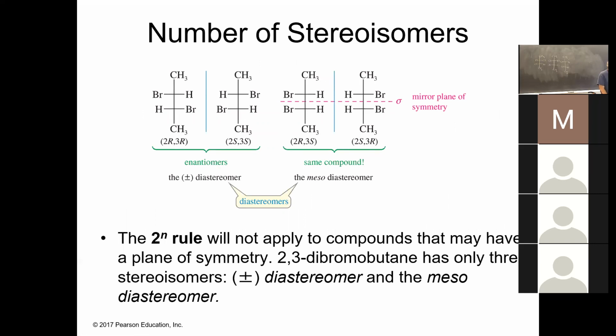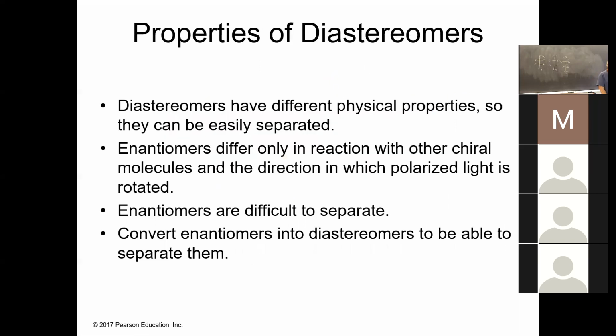All right, so this is basically the same example that I have on the board, except with bromines instead of chlorines. Enantiomers have the same melting point, same boiling point, same refractive index. Diastereomers, though, will have different physical properties.